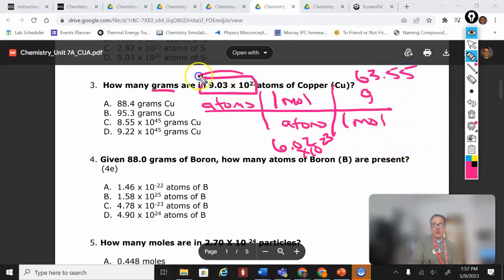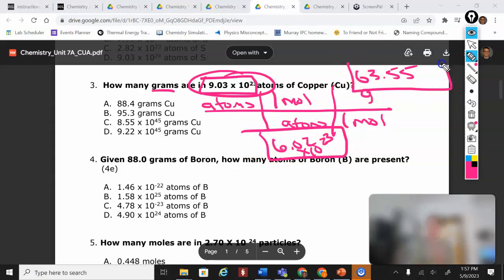So in the calculator, 9.03 times 10 to the 23rd divided by 6.02 times 10 to the 23rd times 63.55, which is on top. And that should give us approximately B, which is 95.3 grams of copper.